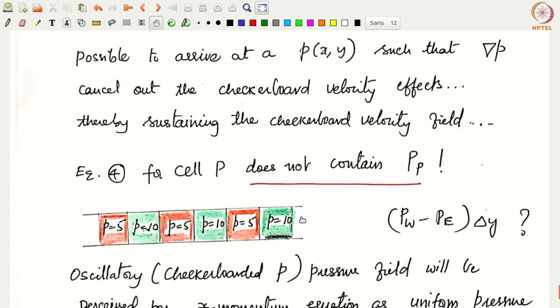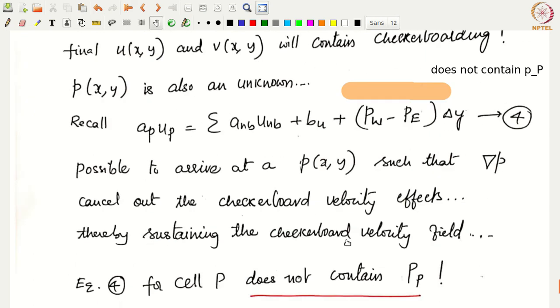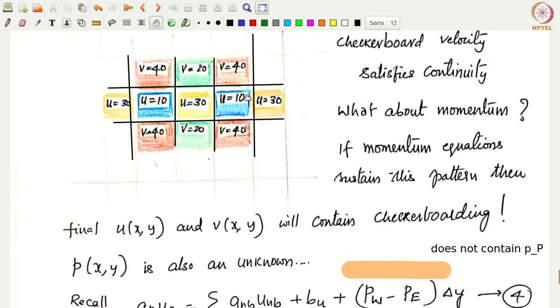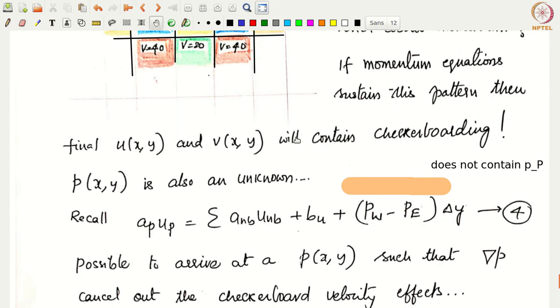Okay, similarly, there could be some pattern of pressure field which might cancel out those pressure gradients here, might cancel out a velocity field like this. That means this negated with a pressure checkerboarding could give you a free run for your velocity and pressure field, such that they contain this kind of an oscillatory field in the final solution.